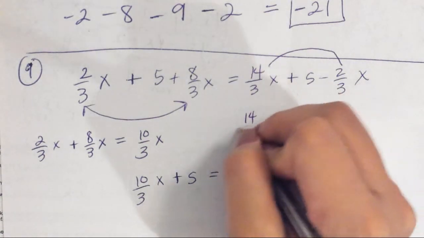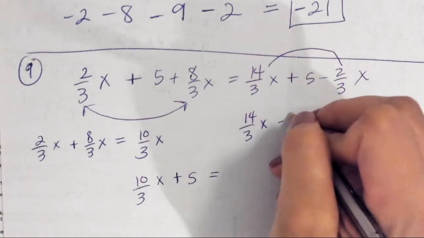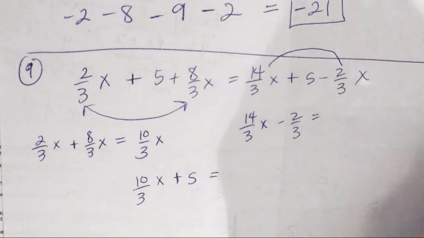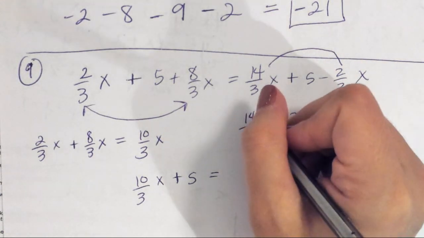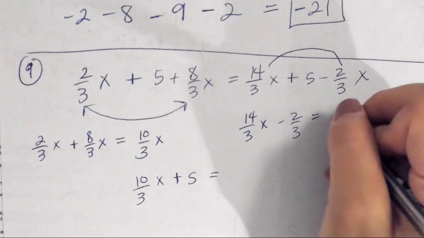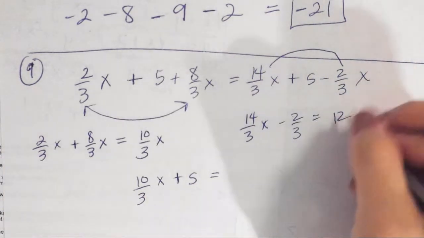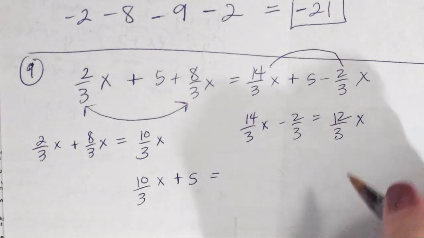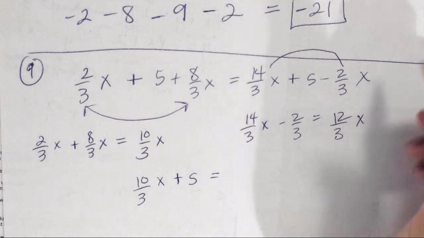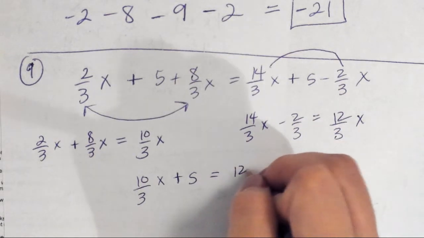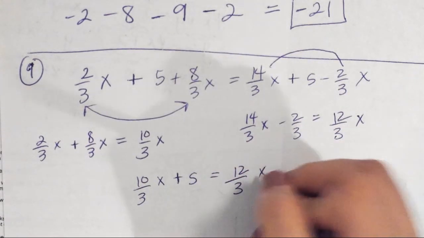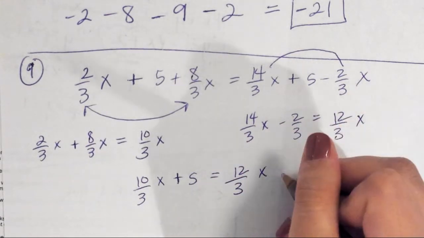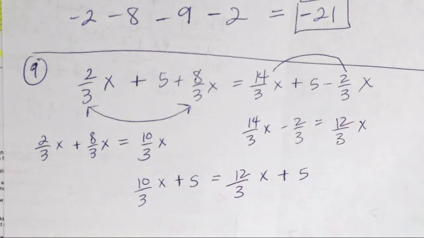So I have 14/3 x minus 2/3, same thing. When you add or subtract fractions, subtract the numerators. So 14 minus 2 is 12, and then 3 stays there. Now can I smush this? 12/3. I'm going to leave it for right now, but I can simplify it in a second just to keep it consistent with the other guy. And then you have plus 5 at the end.